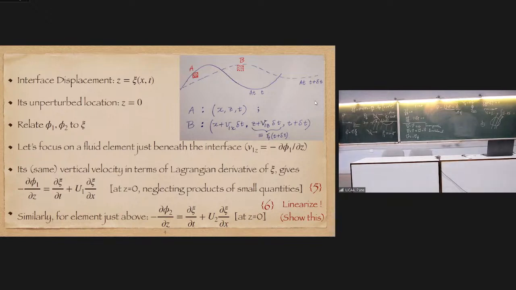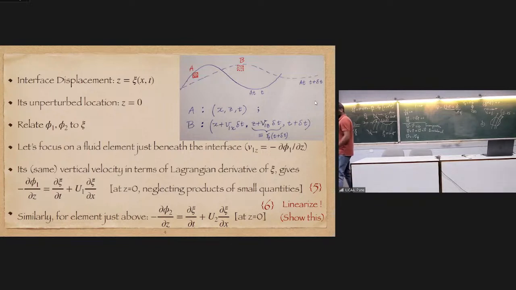But then the way to do it is you identify a fluid parcel which can be at location B at later time t plus delta t. How will it go from A to B? After all, because of velocities. It could have gone in the x direction by the x component of the velocity field. It would have gone up or down by the z component of the velocity field.